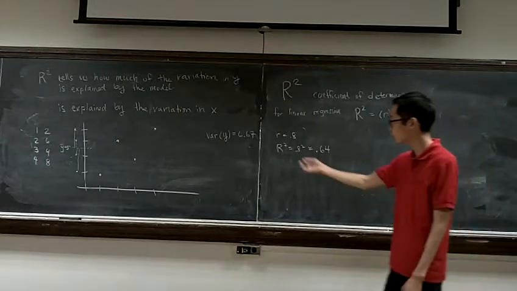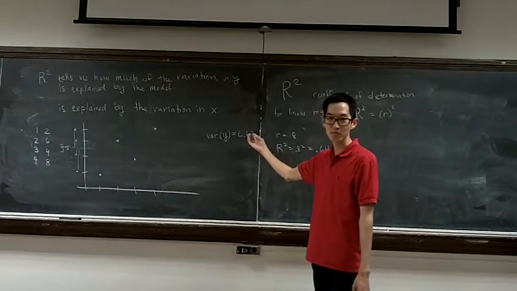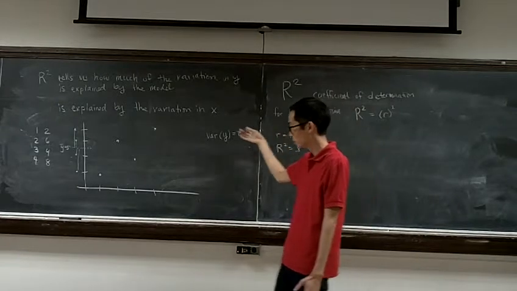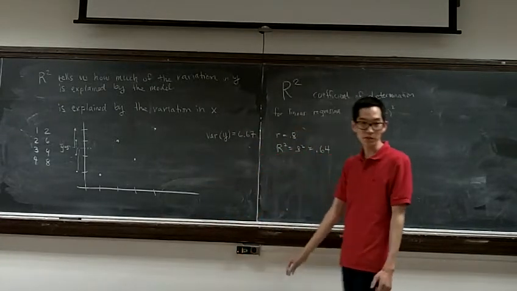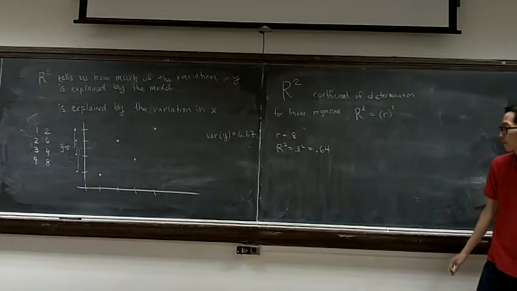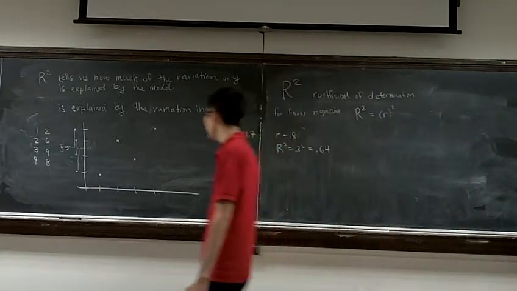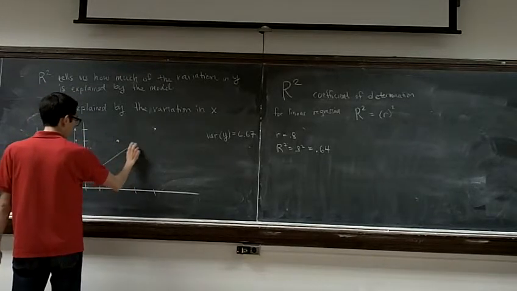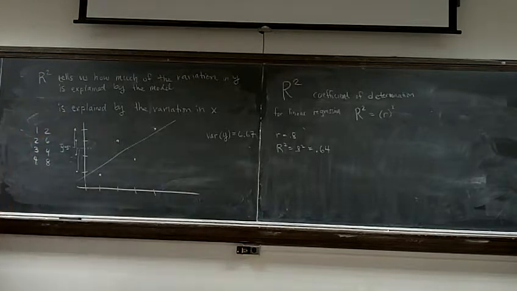How much of this is just pure randomness versus how much of it can be explained by taking into account x? Well, we fit the best fit line, and with our model, this is what we predict y to be. The dots aren't exactly on the line.